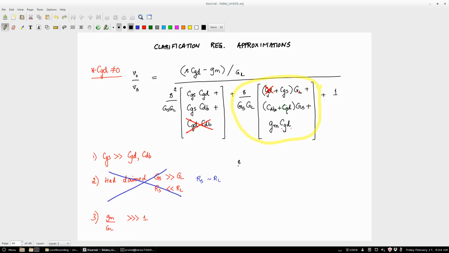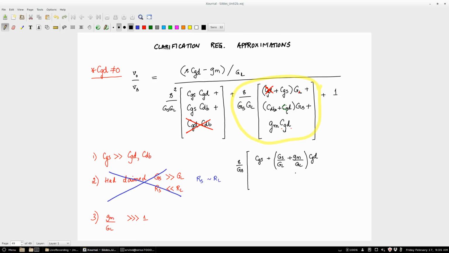So get back what we had written, but it's cleaner. I'm only going to look at this term, the S term. How should we proceed? I can write that as S divided by, let me keep S outside, I'm going to take GL inside. What are the terms that I will have? CGS times GL, and this GL will go, correct?